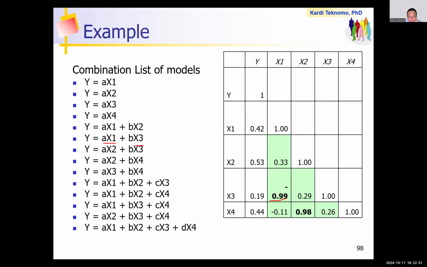Basically, if you have a high correlation between two X's, X1 is actually the same as X3. You can replace this. Here, X2 and X4 are very highly correlated, so X2 is actually the same as X4.